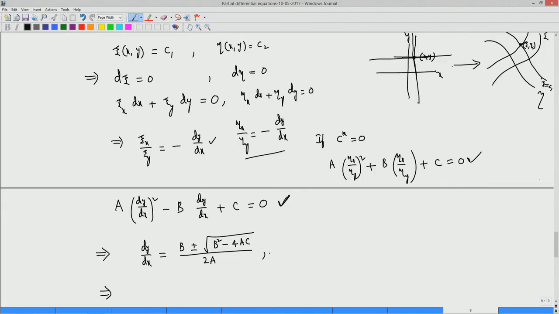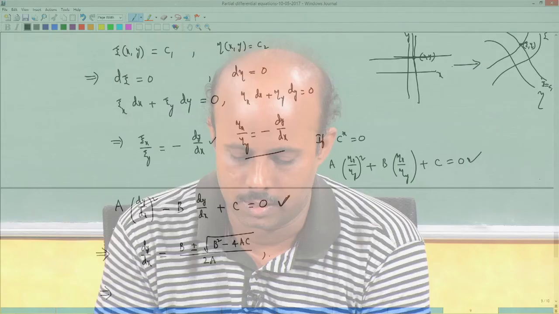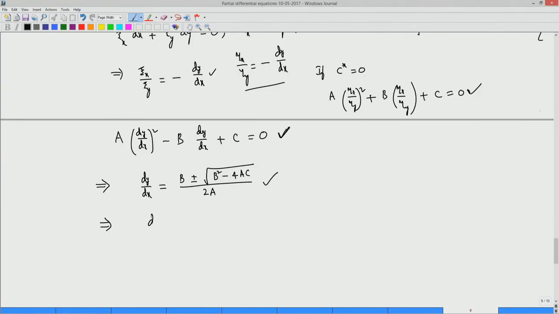So in both, for xi and eta, if you make A star and C star equal to 0, what you end up with is two ordinary differential equations, these two. One is dy by dx equal to (b plus square root of b square minus 4ac) by 2a, and the other one is dy by dx equal to (b minus square root of b square minus 4ac) by 2a.